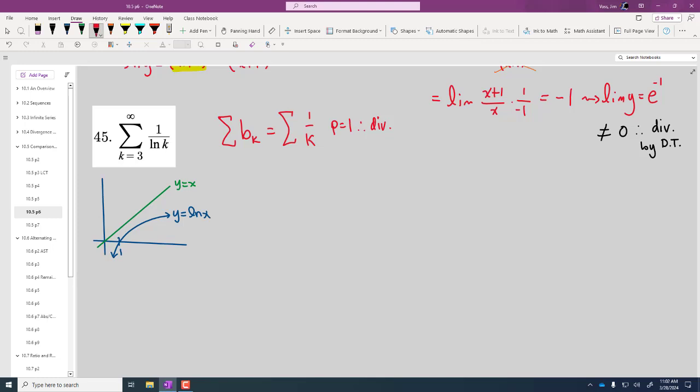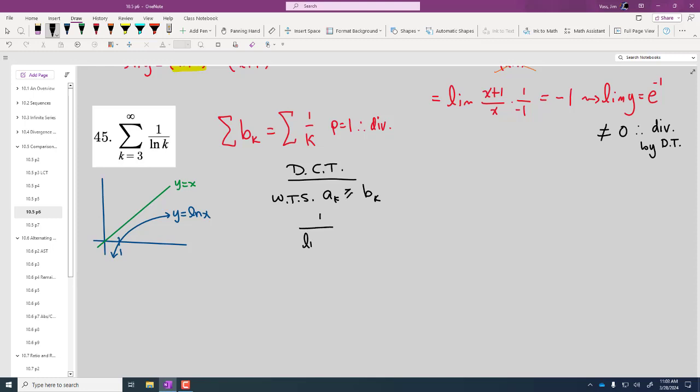With the direct comparison test, we would want to show a sub k is bigger or smaller than the b sub k's? Bigger. Bigger than a divergent series diverges, so we'd want to show this if possible.